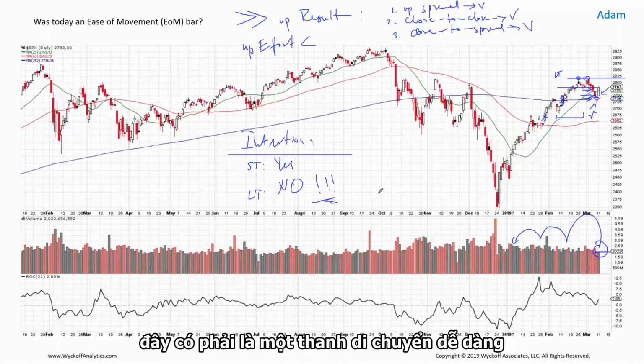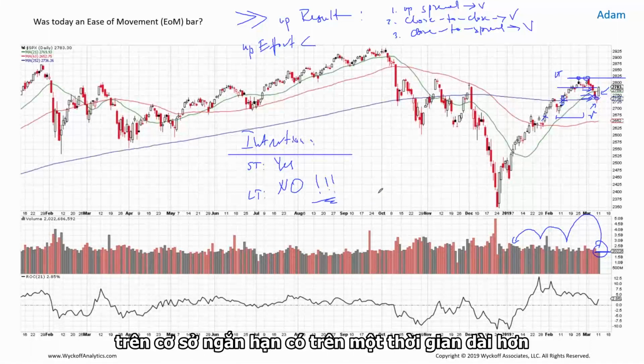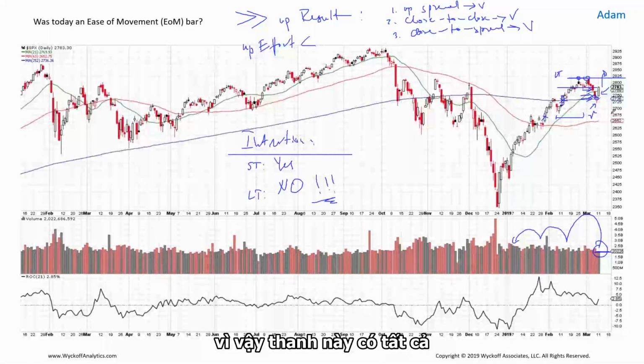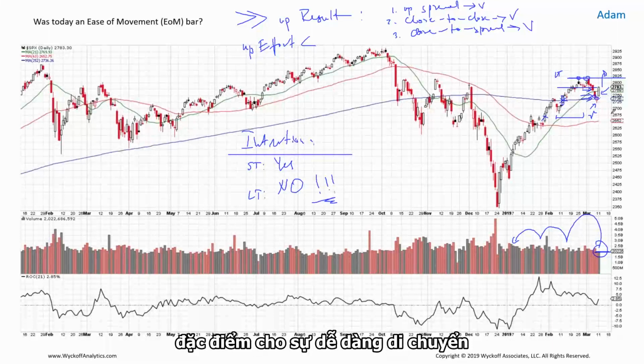Is this an ease of movement bar? On a short-term basis, yes. On a longer-term basis, we still have to see the commitment above this area. So this bar has all of the characteristics for the ease of movement, and it is an ease of movement on the short-term level, on the short-term time frame.